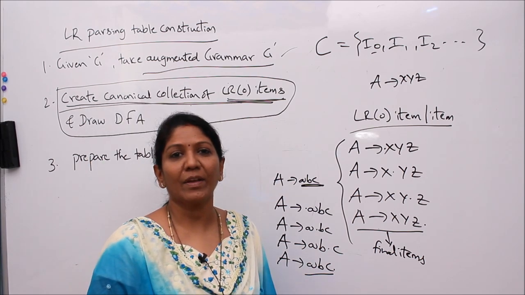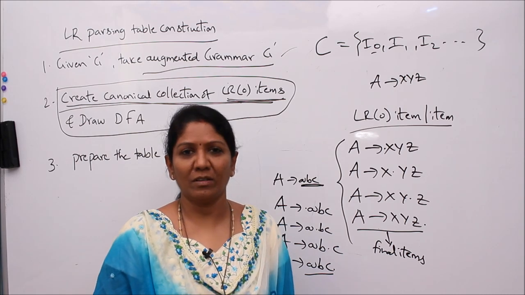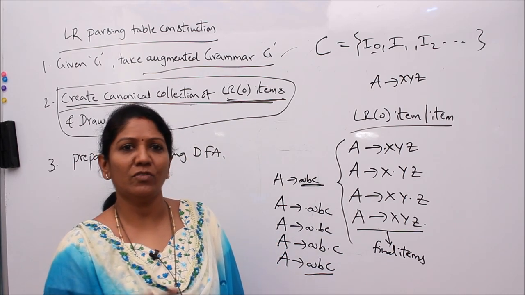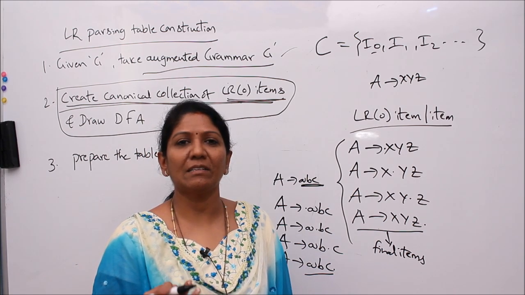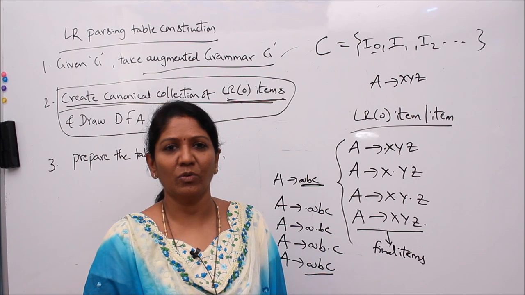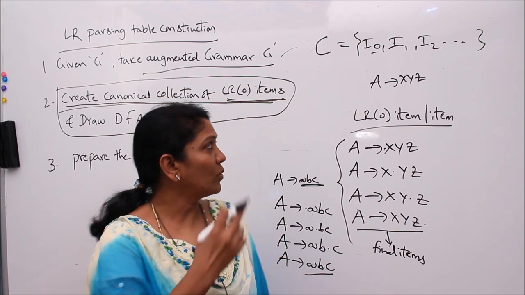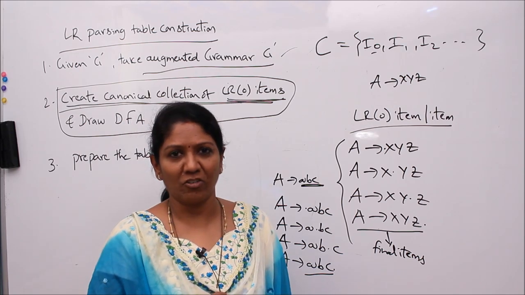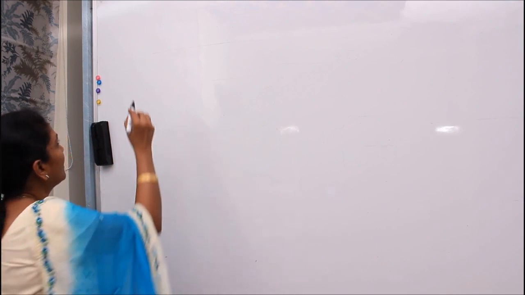Now let us see how we create it. To create this canonical collection of LR0 items, we use two functions, closure and goto. So let us understand these two functions, and then we'll see how we can make use of closure and goto to construct the canonical collection of LR0 items. Let's take the simple function closure.